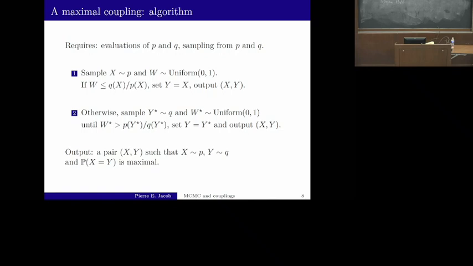And does that happen with the maximal possible probability? If that's the case, then we have sampling from a maximal coupling.